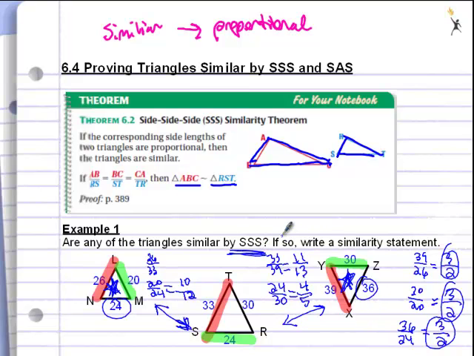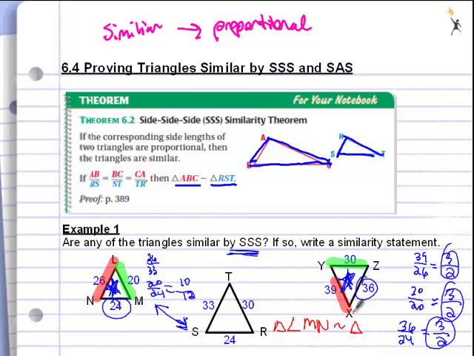Now, notice it says, if so, write a similarity statement. I have to be able to go through, and I'm going to erase all this junk, get it out of the way, so to speak. Now I'm going to go through and prove or write that this triangle, L, M, N, is similar to triangle. And you got to be very careful on how you write these.